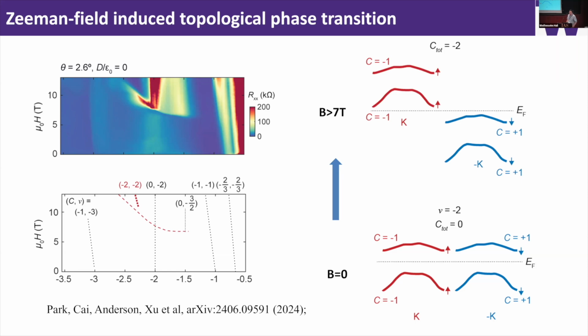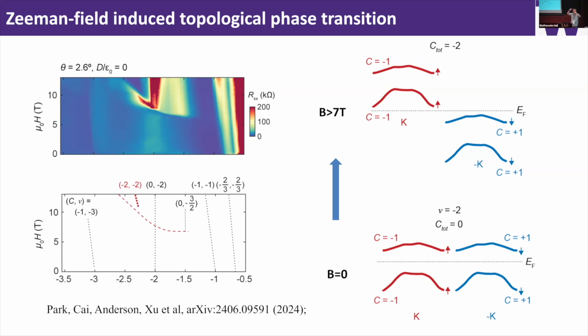So this phase transition happens because when we apply magnetic field, there's a Zeeman shift between these opposite valleys. Okay, so for one valley the band is moving up, the other one is moving down. Now you will see at the critical magnetic field, there's a band crossing between the second Moiré band of the K valley and the first Moiré band of the -K valley.